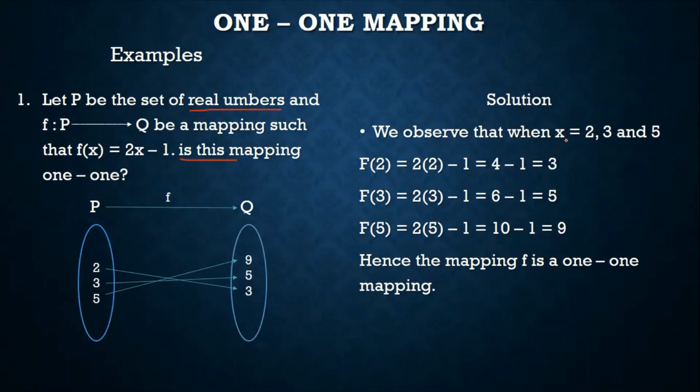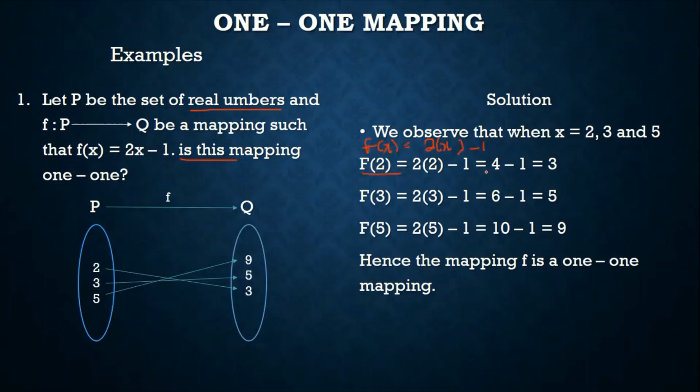So in these examples, we are using let x equals 2, 3, and 5. We are using numbers 2, 3, and 5. So using our f(x) equals 2x minus 1, let's say f of x equals 2 into x minus 1, right? Now, in this case, let's assume our x equals 2. So we have f of 2 here.